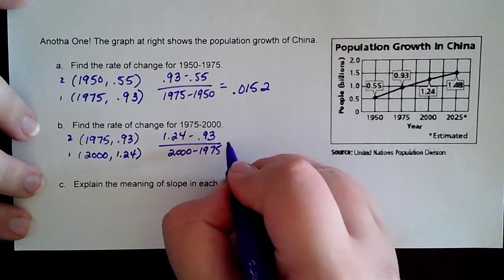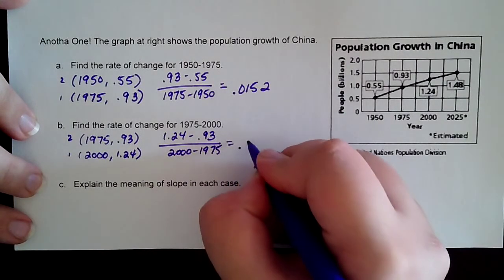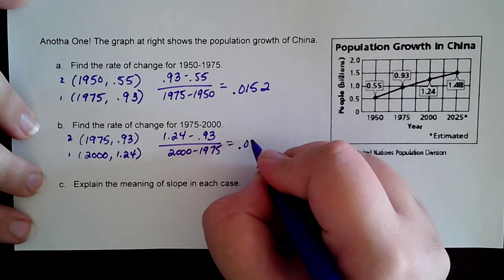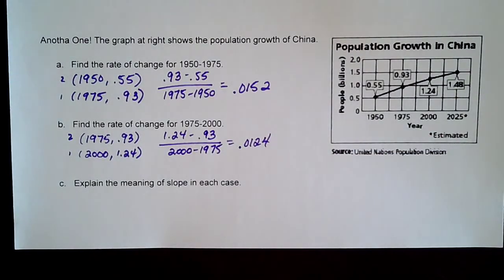I guess I could have just put 25 down there. No big deal. I throw that in my calculator, and I get 0.31 divided by 25, and then I put it in my calculator again and get a rate of change of 0.0124 billion people over the course of 25 years.